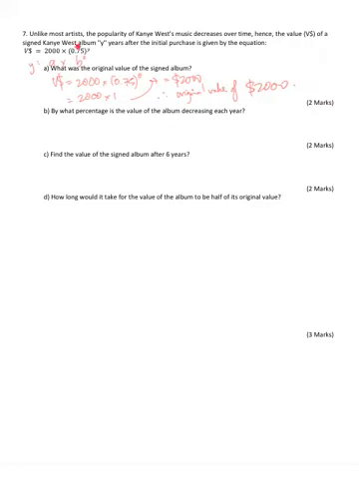This is a fraction, 0.75, so 75%. So what that's saying is every year the value is 0.75, therefore 75% of what it was previously.